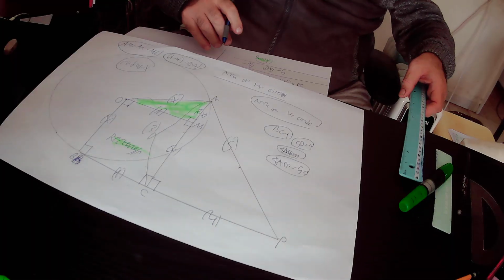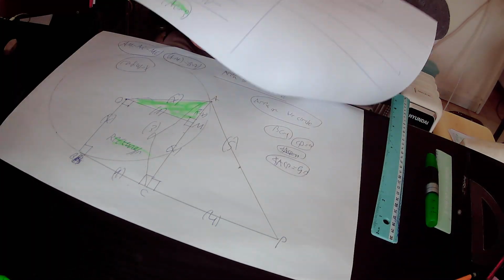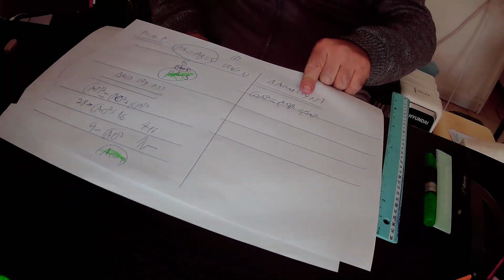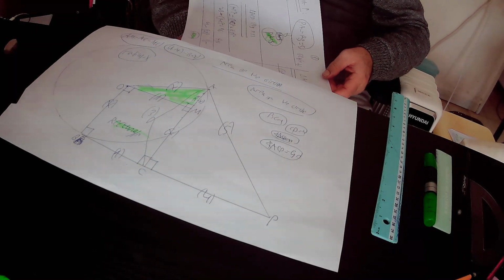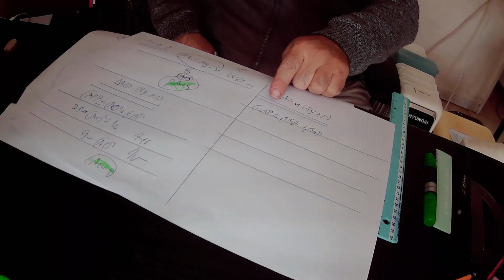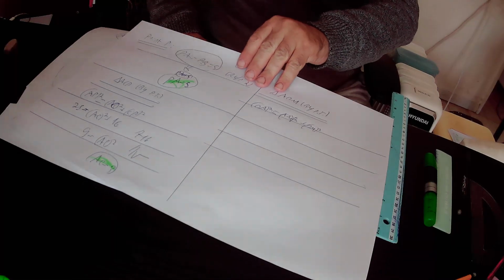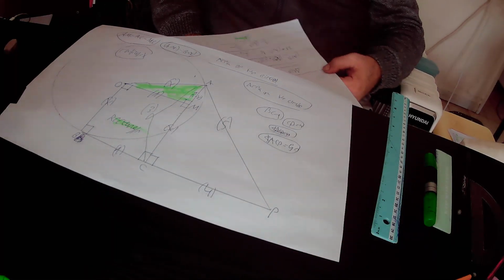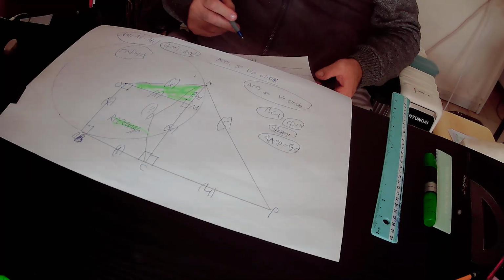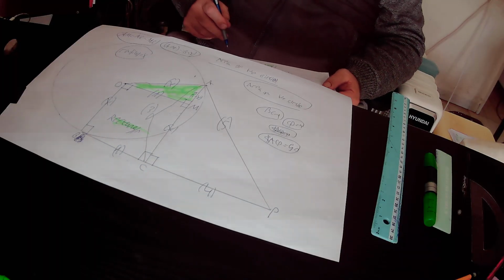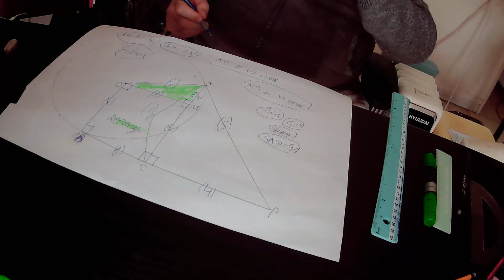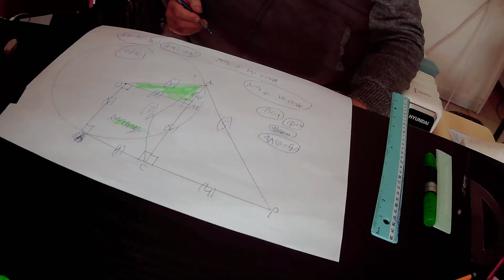And again, in this triangle AOM, according to the Pythagoras theorem, OA squared equals AM squared plus OM squared. OA is X, therefore OA squared is X squared. And it equals AM squared. AM is 3 minus X, and therefore AM squared is (3 minus X) squared. Plus OM squared. OM is 1, therefore OM squared is 1 squared, that is 1.